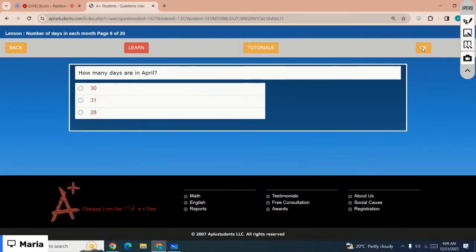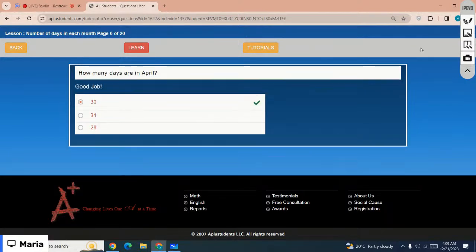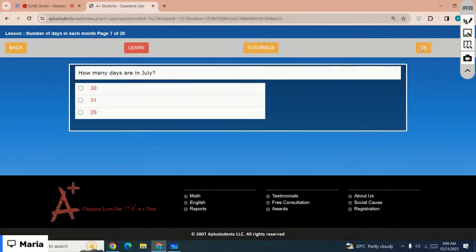How many days are in April? In April, you have just 30 days. The correct option is 30. How many days are in July? Which is the correct option?